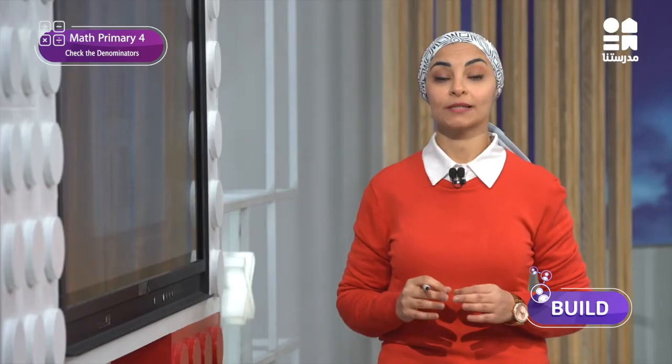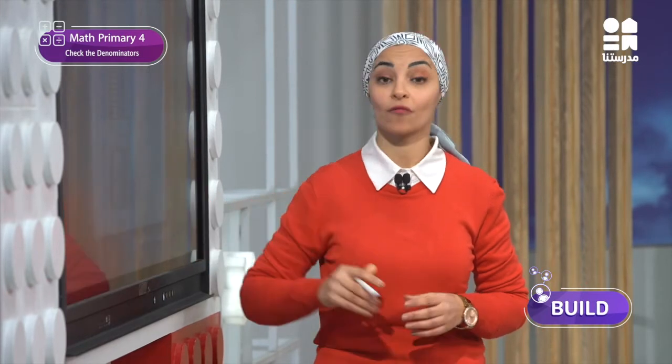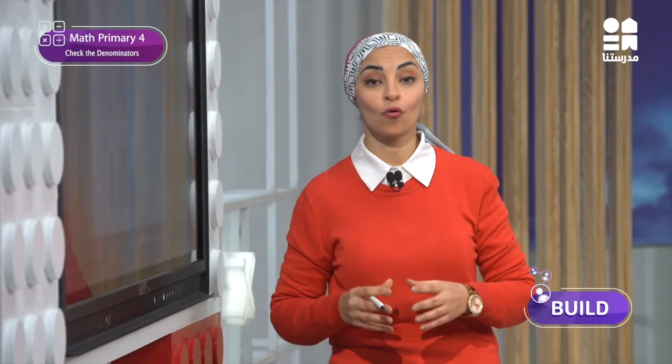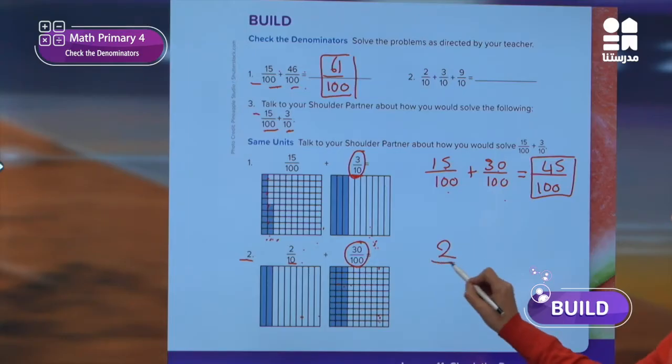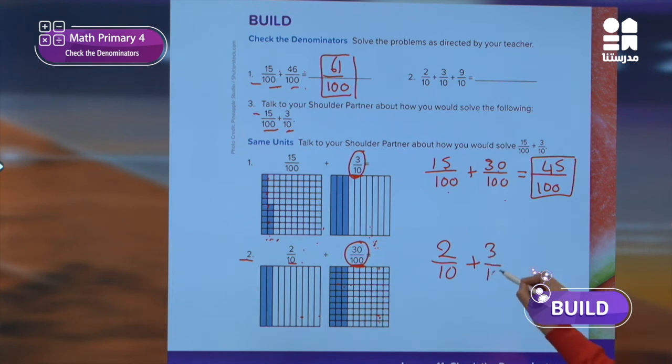So we can write it as 3 over 10. يبقى أنا هكتب دلوقتي 30 over 100 هي نفسها 3 over 10. Now we can easily add the two fractions together. يبقى هعمل 2 over 10 وال equivalent fraction ل 30 over 100 اللي هي 3 over 10.